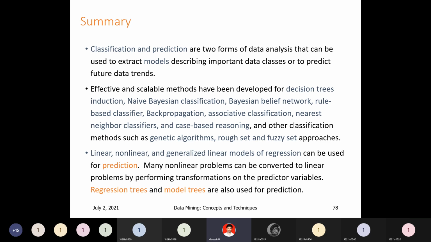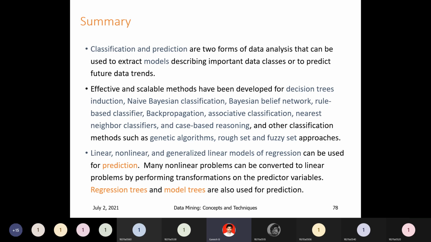You predict age, or height. In prediction, we mostly use regression. Many non-linear problems can be converted into linear problems by performing transformations on the predictor variables. Regression trees and model trees are used for prediction. So this is about prediction.